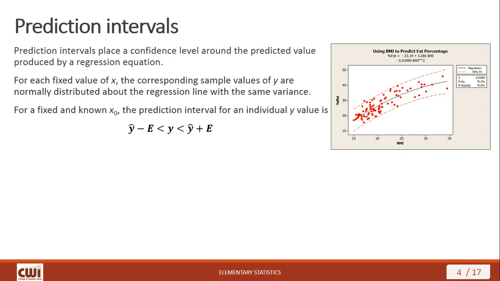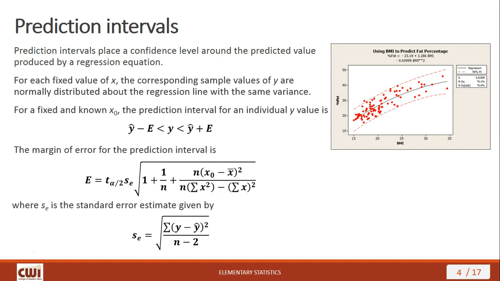So y hat minus E is the lower bound, y hat plus E is the upper bound, where y hat is the center of the prediction interval. Recall that y hat is what comes out of our regression equation, whereas y is the actual true value for y.